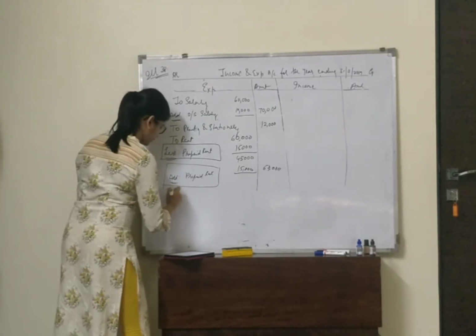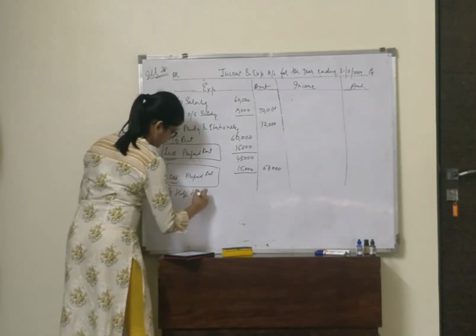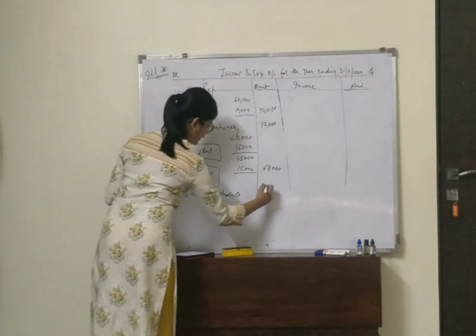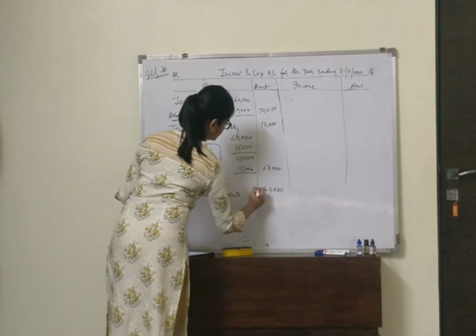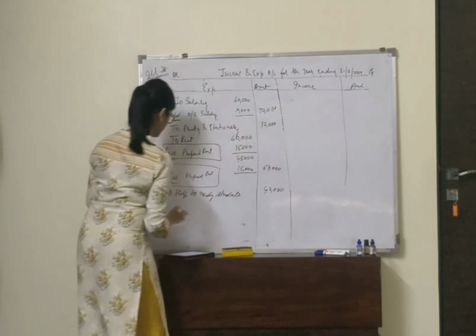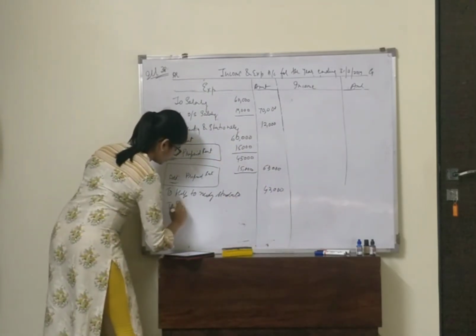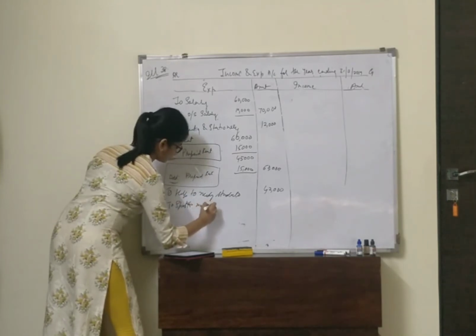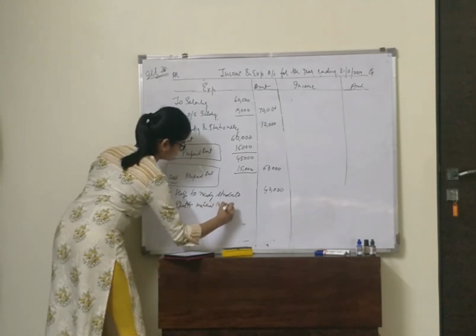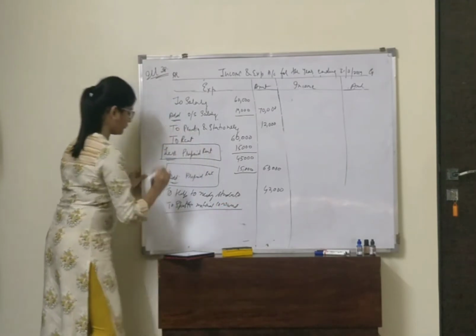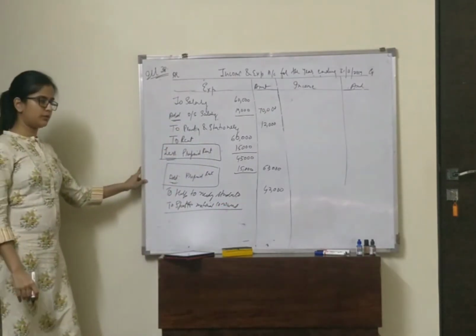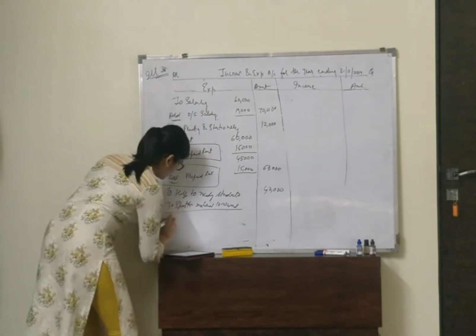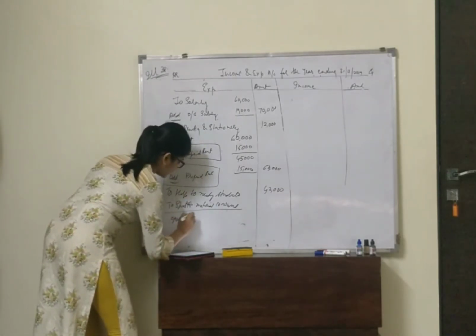Next we have help to needy students. That is 42,000. Then we have sports material consumed. Do we have any purchases of sports material? No. We just have opening stock.